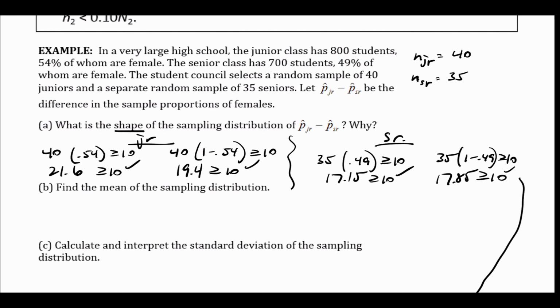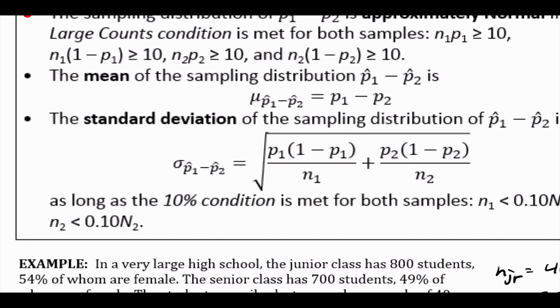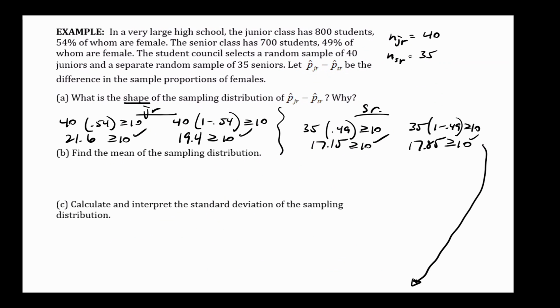Okay, so the mean. It says the mean of a sampling distribution is the true proportions. If you subtract the true proportions minus each other, that's where we're going to use the true proportions. So P for the junior class is 0.54 females. P for the senior class is 0.49.